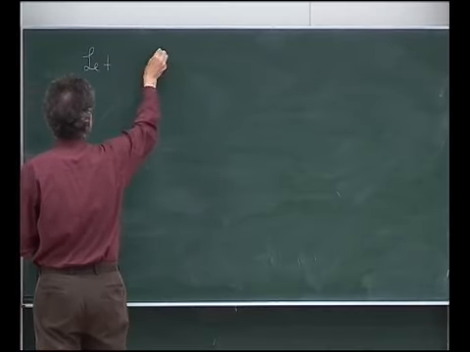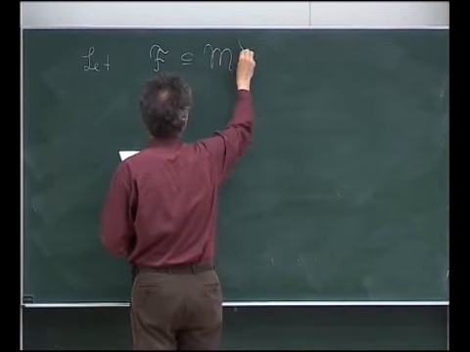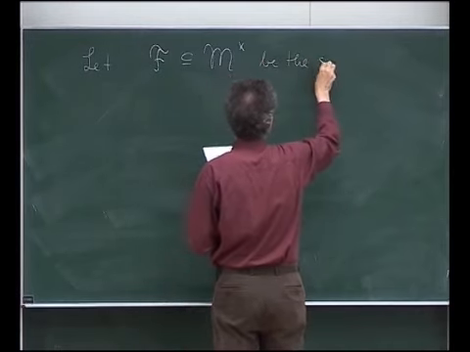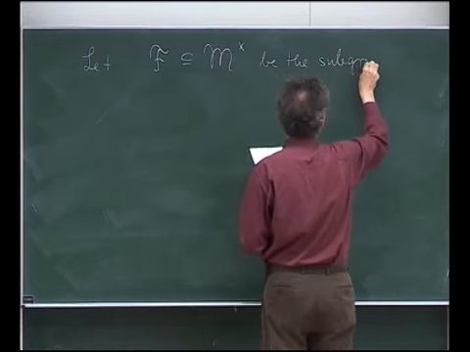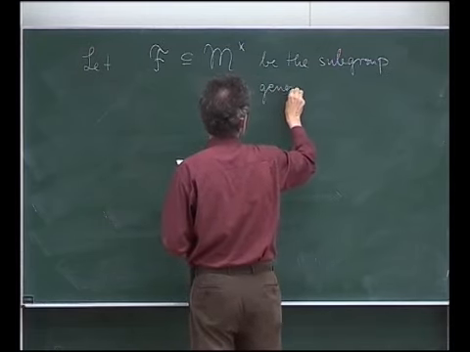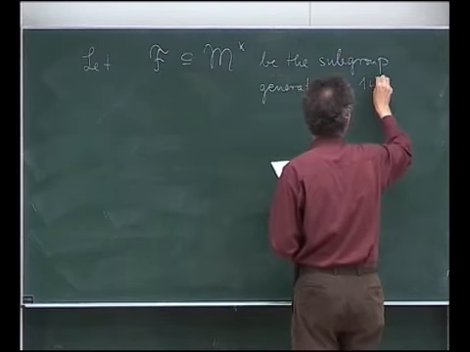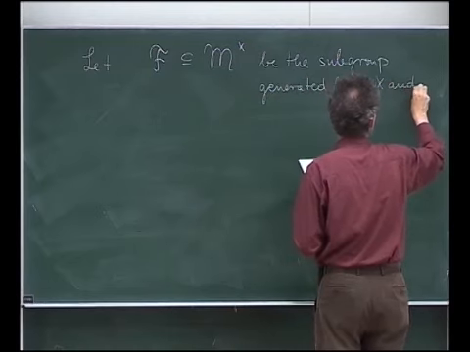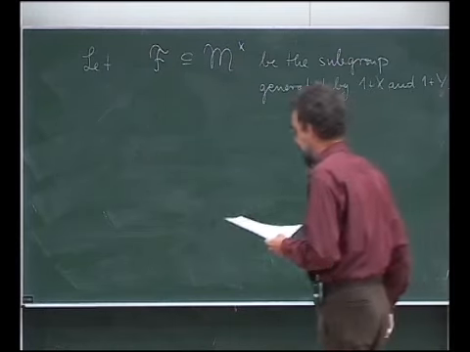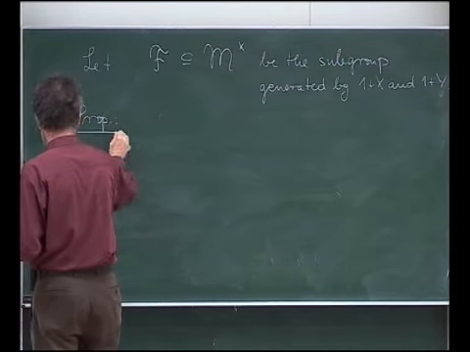So now let's denote by f the object in the title. Actually no, let me do it the other way. So let f in the unit group of M be the subgroup generated by 1 plus x and 1 plus y.